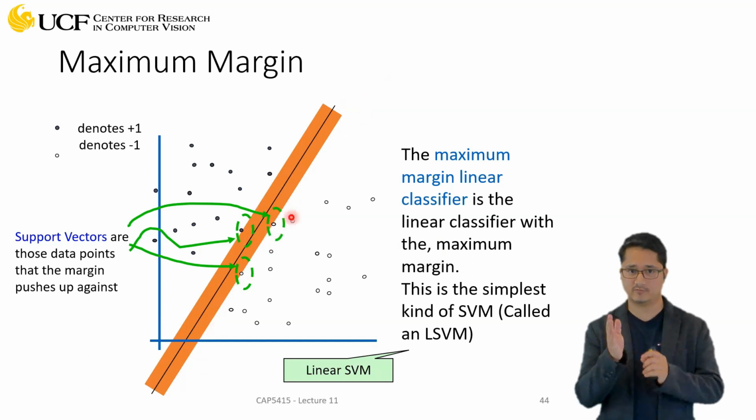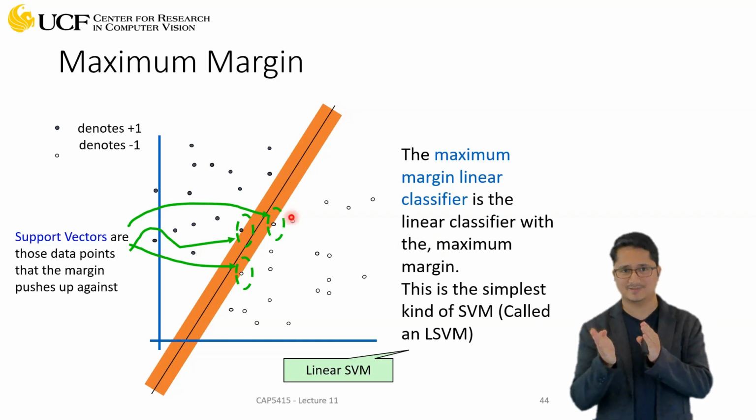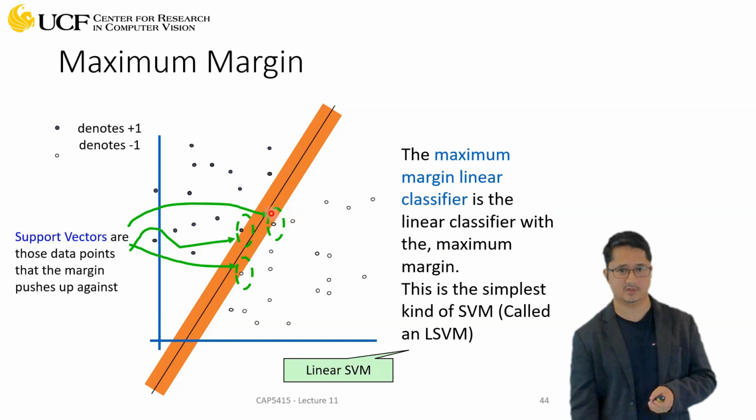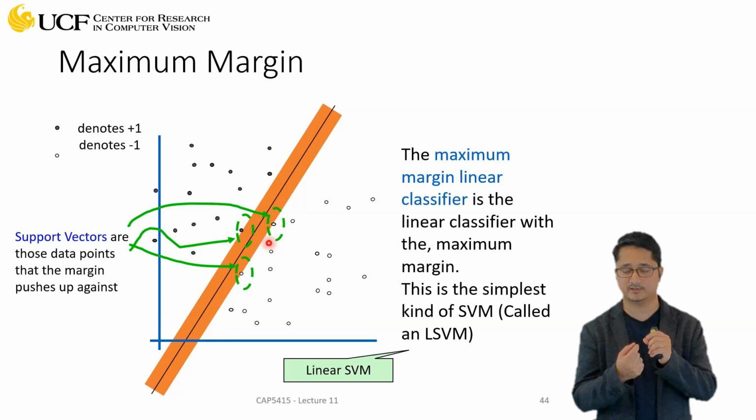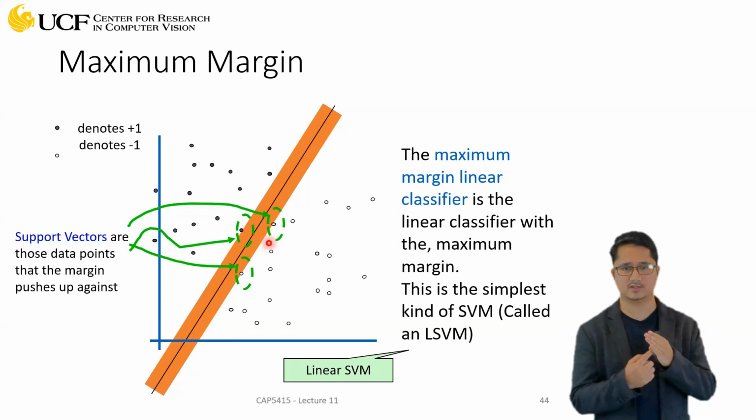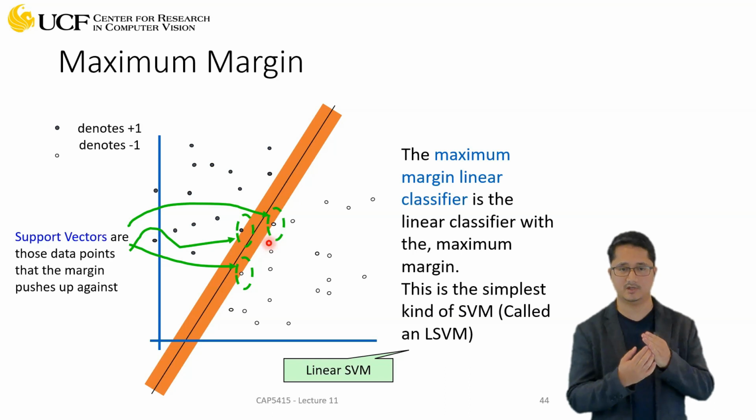These support vectors are exactly touching your training samples. So the idea is you want to maximize the perpendicular distance between your classifier line and the support vectors.